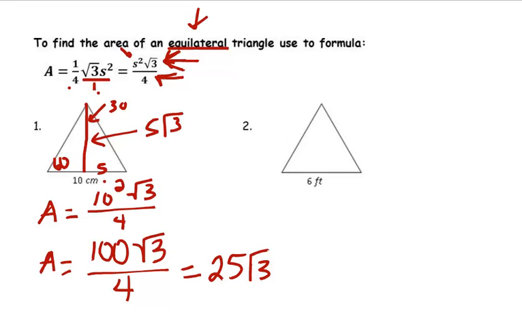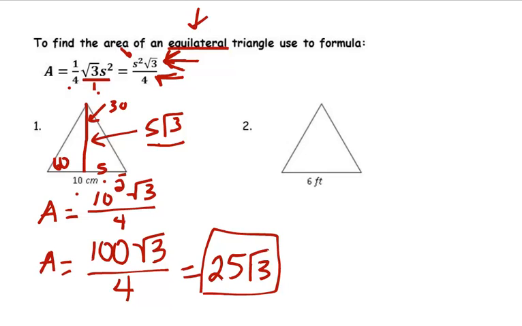And so my base would be the whole base, 10, times 5 square roots of 3, but then you're dividing that by 2. Base times height divided by 2. 10 times 5 is going to be 50 square roots of 3, and then if I divide that by 2, I'm going to get the 25 square roots of 3. So it's kind of a shortcut way of finding the area for an equilateral triangle.